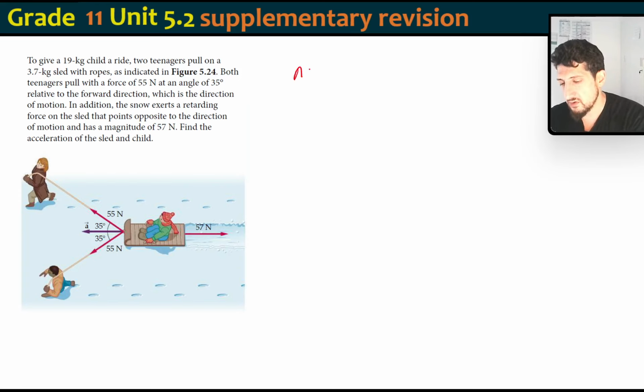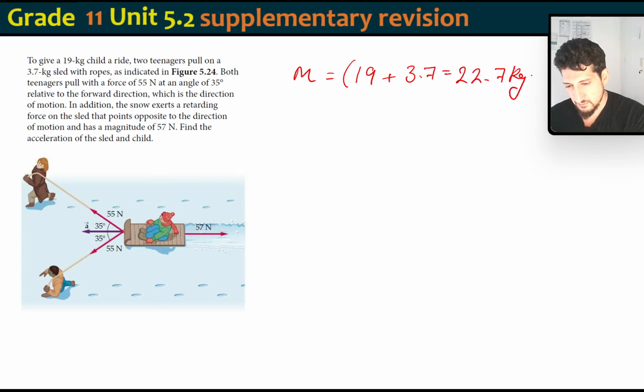We need both because they are together. That's the first trick in this question: you need to realize that it's the sled and the child together.